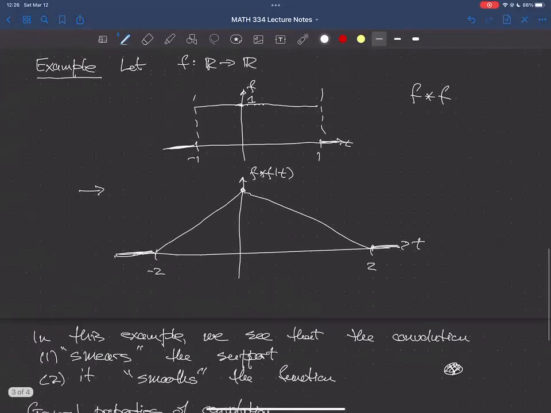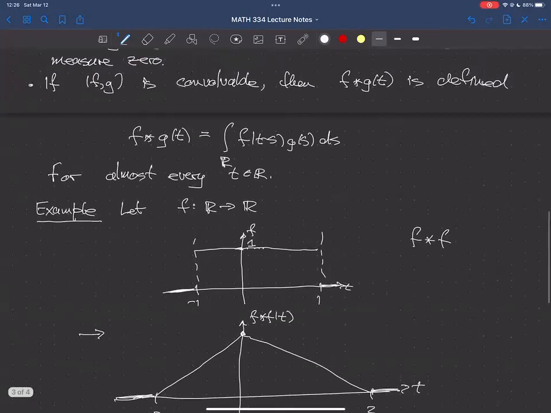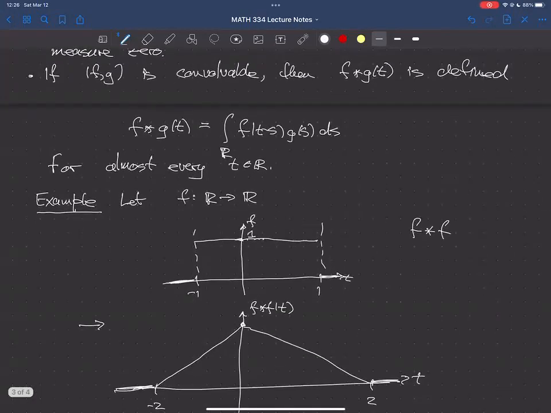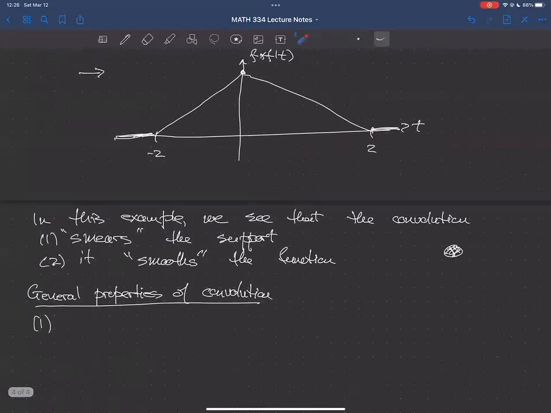It's easy to come up with examples. For example, just take the constant function f equal to 1 from -infinity to infinity, right? So when you form this product for every t, it again will just be the constant function 1, which is not integrable over R. So it's very easy to construct examples of things that are not convolvable.